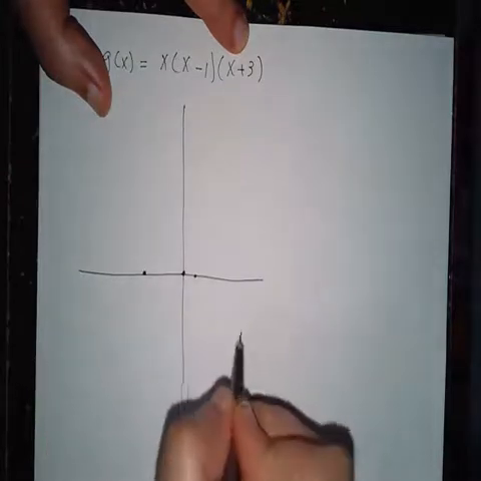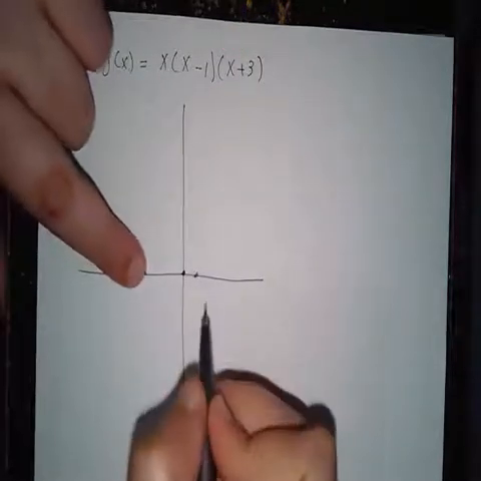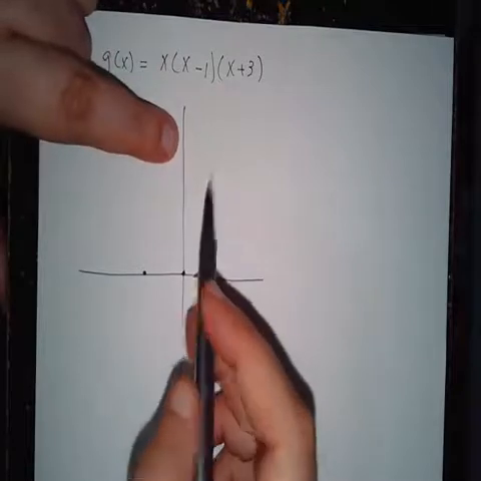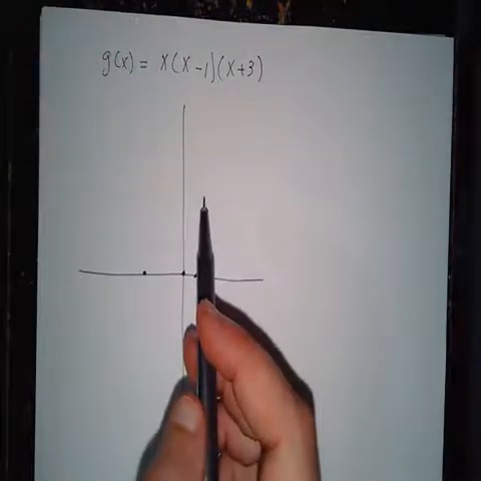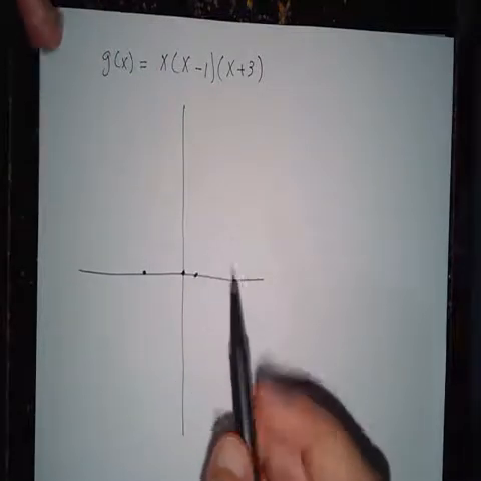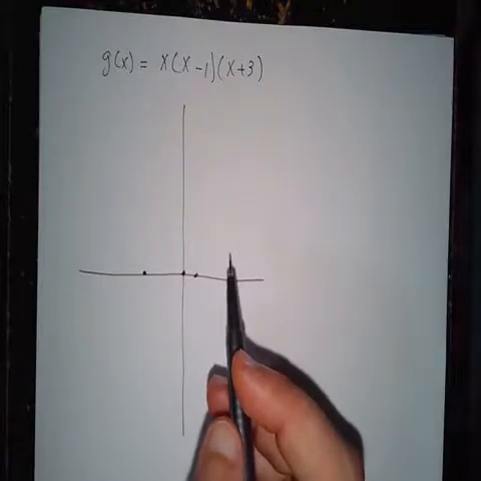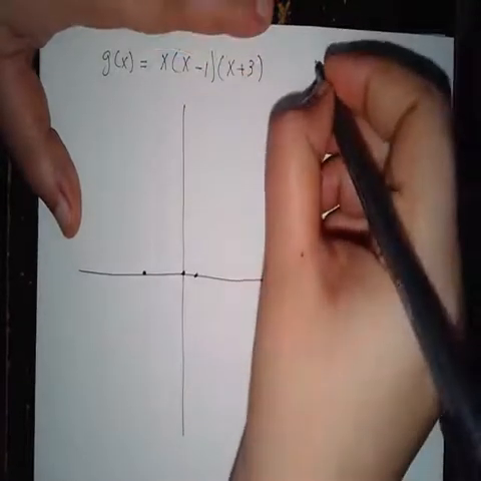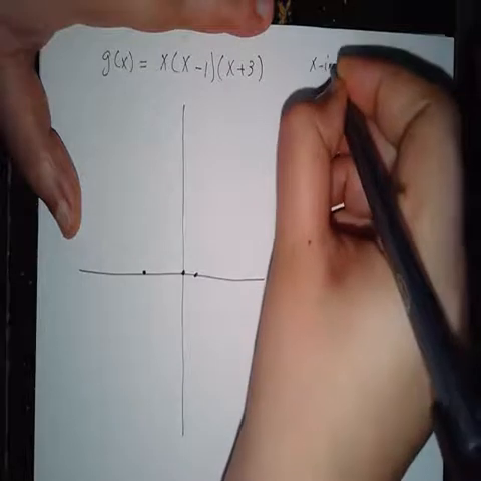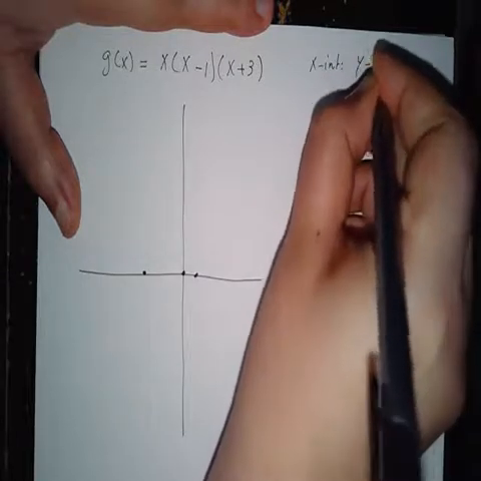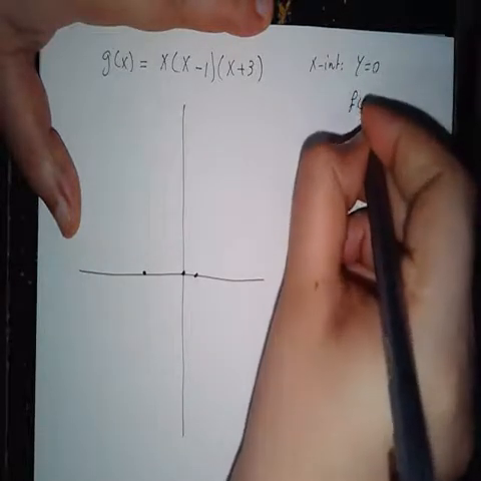Now, why am I putting those points on the x-axis? It's because these points are your zeros, and by 0 I mean it's the point where the function equals 0. That means they're your x-intercepts. Do you remember when we said that if you're finding the x-intercept, that means you're setting y to equal 0, which means the function itself is 0.